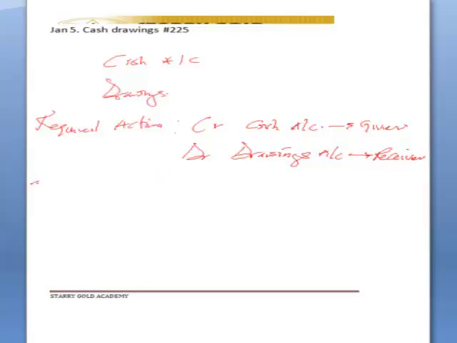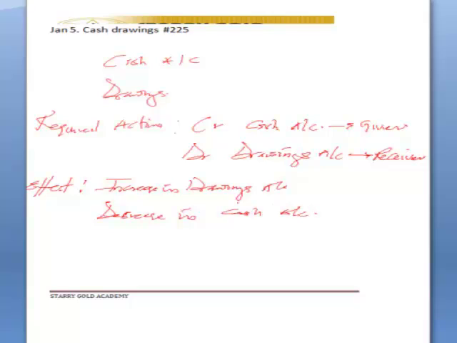The effect here is an increase in drawings account, and there is a decrease in cash account. Okay, so that is it.